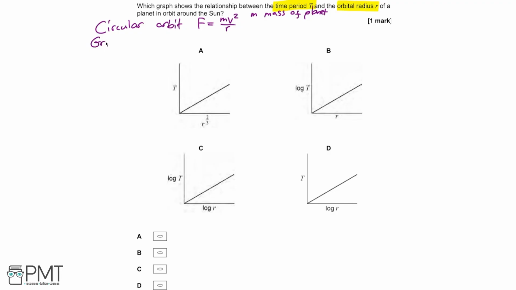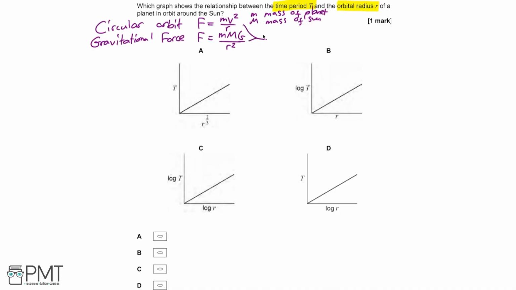We also know that for two objects that experience a gravitational attraction, the gravitational force has a size given by F is equal to little m, the mass of the planet, times big M, the mass of the Sun, divided by r squared and multiplied by G. So G is Newton's gravitational constant and r is the radius of the orbit.